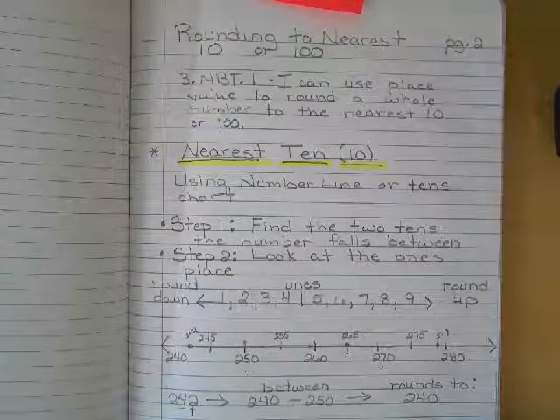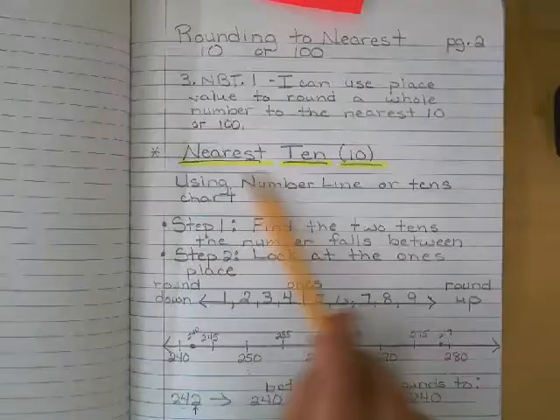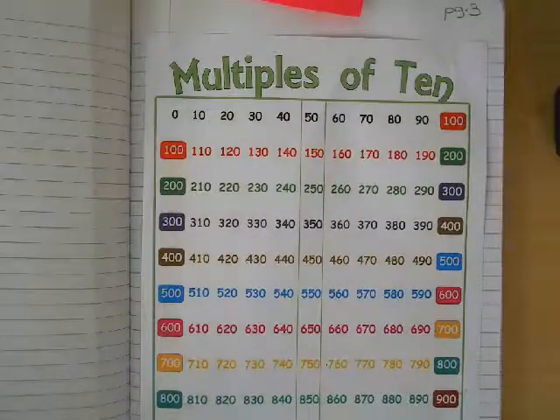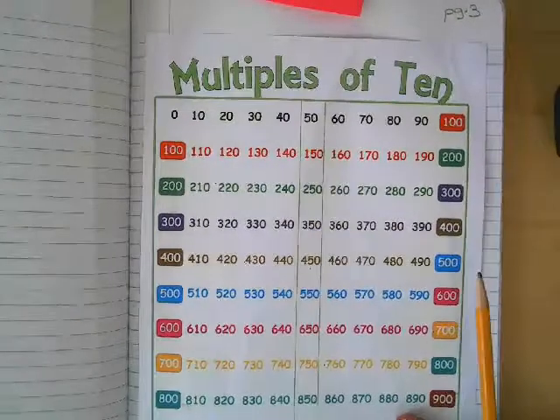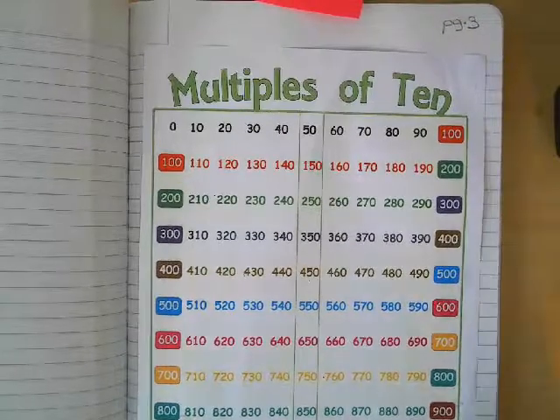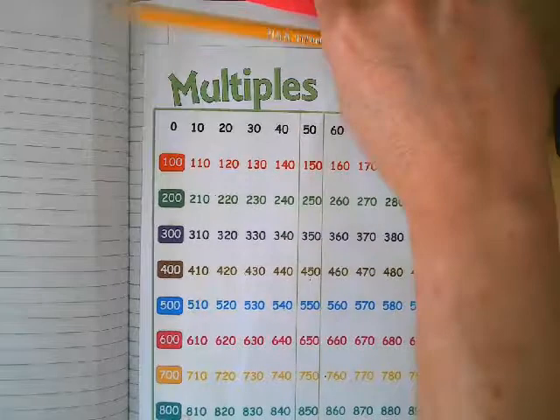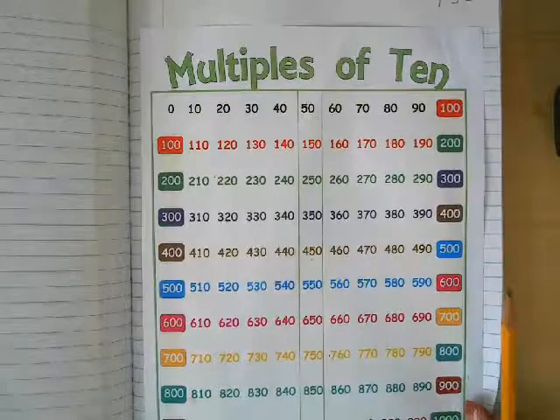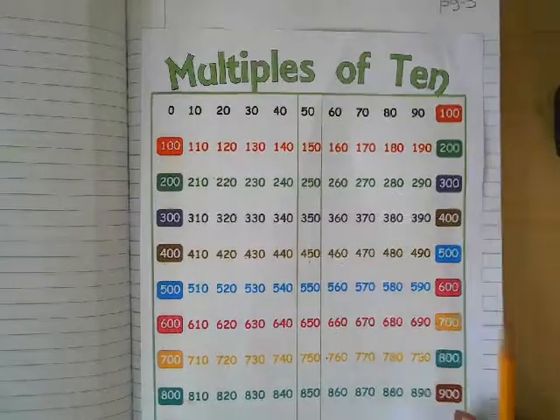The first page is rounding to the nearest 10, and the back of that page is rounding to the nearest 100. Page 3 is going to be our multiples of 10 chart. The multiples of 10 chart should be with our rounding section.